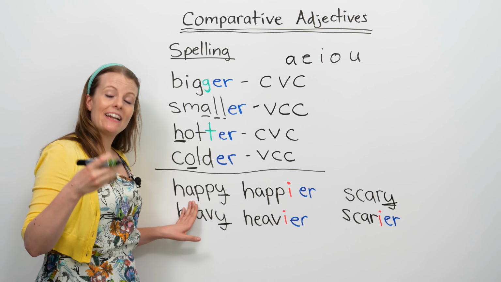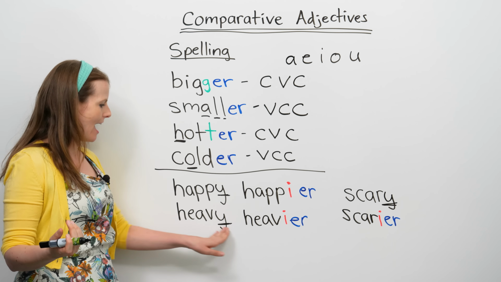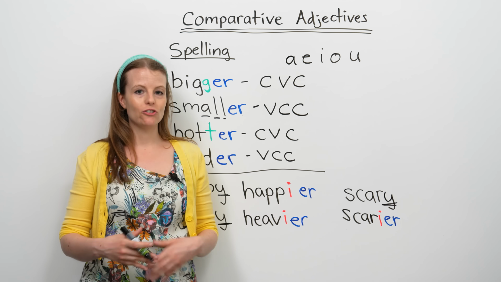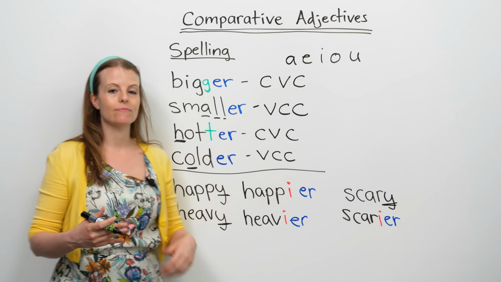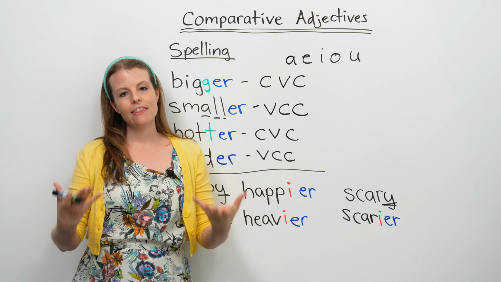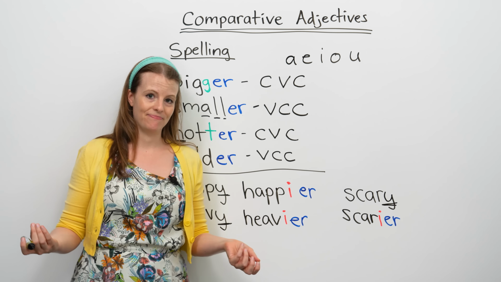If an adjective ends in a Y, so we have happy, heavy, scary. These ones are two syllables, happy, heavy, scary. These are some two-syllable adjectives that we can use ER on.